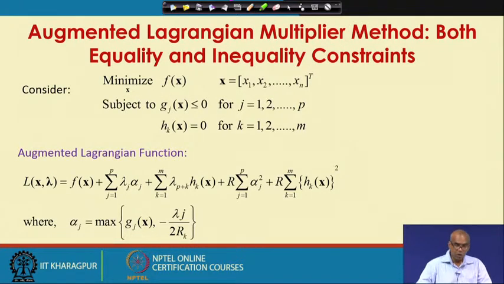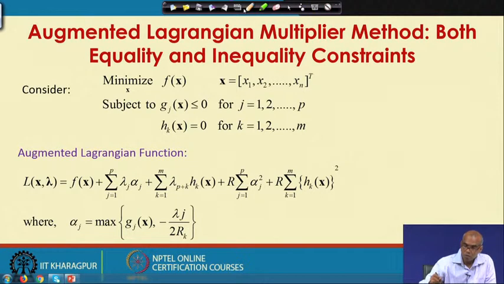So, now if we combine these two strategies for handling inequality and equality constraints, I will be able to handle any constrained nonlinear programming problem with both equality and inequality constraints.